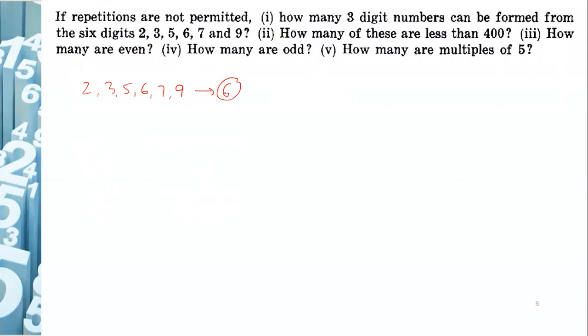So how many 3-digit numbers can be formed from 6? Obviously this is P of 6 comma 3. I want 3-digit numbers, maybe 235, 365, 796, like that. So how many I can form is 6 factorial by 6 minus 3, which is 3 factorial. This is the first one.